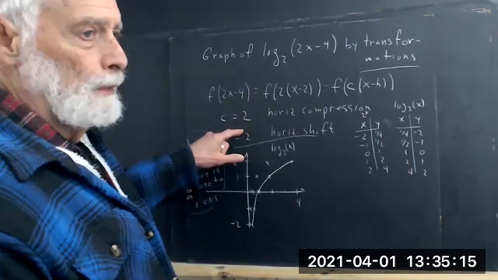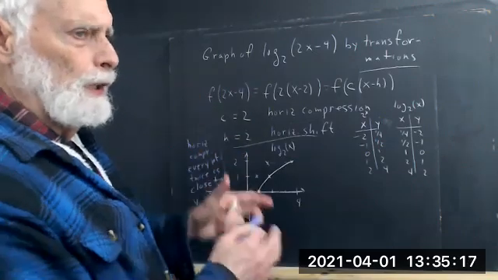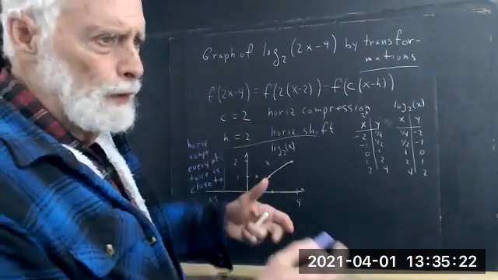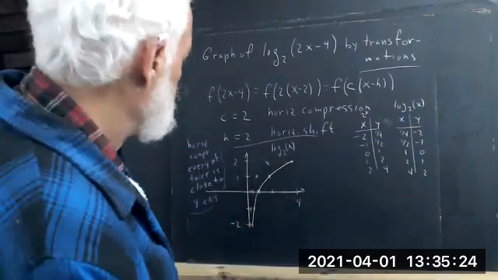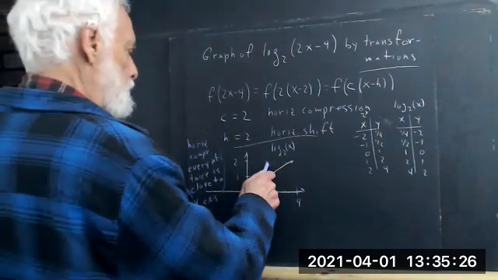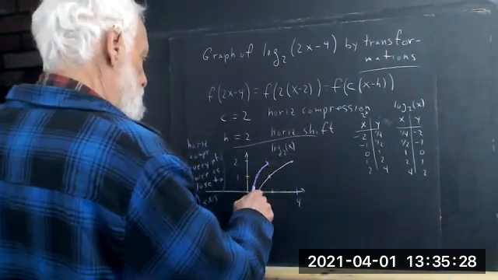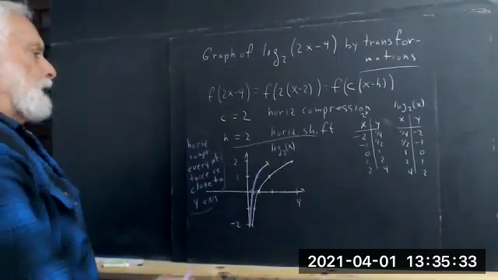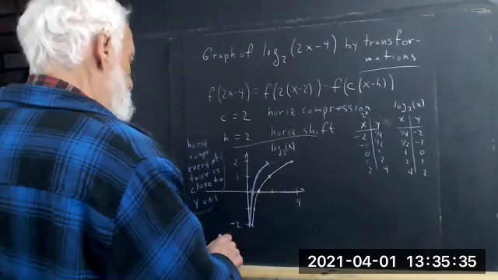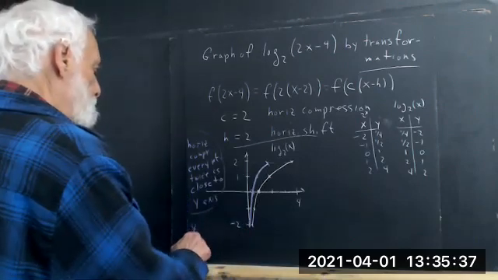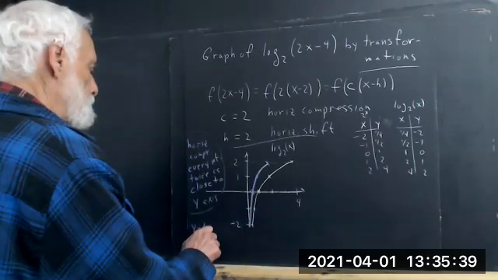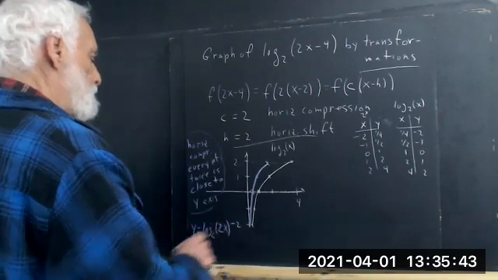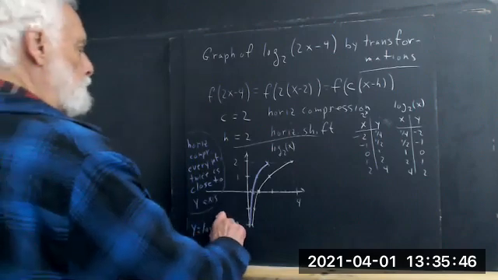If c was 1/4, then you'd have a horizontal expansion by factor 4. You move 4 times as far away. In any case, here is the resulting graph. And this is the graph of y equals log base 2 of 2x.